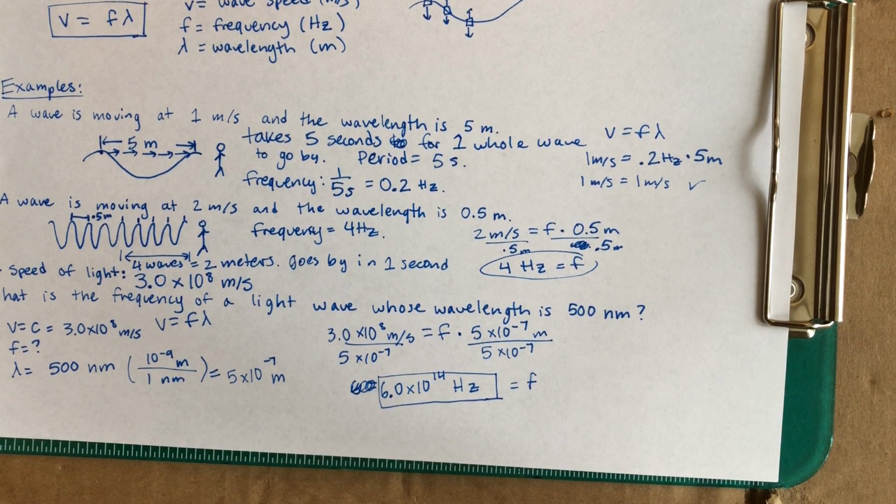So if you know the wavelength of a light wave, you can use that to figure out the frequency and vice versa. You don't necessarily need to have both numbers given to you, because you can always use the speed of light, that's always the same number, to find whichever one is missing.